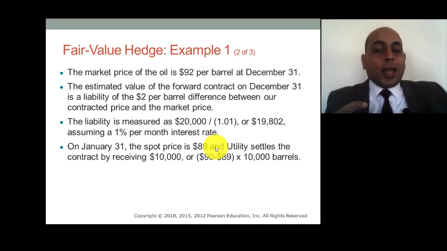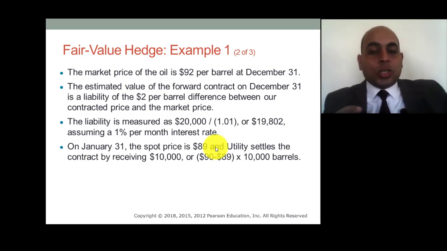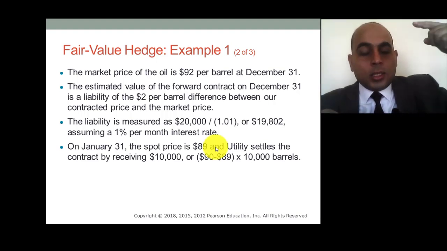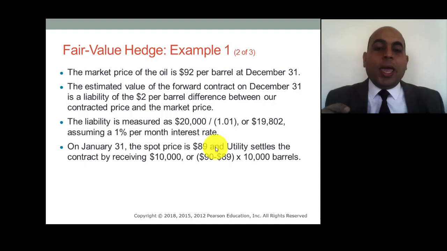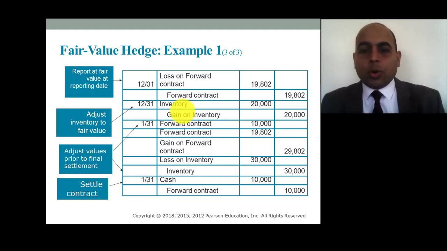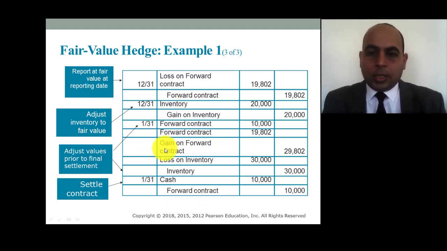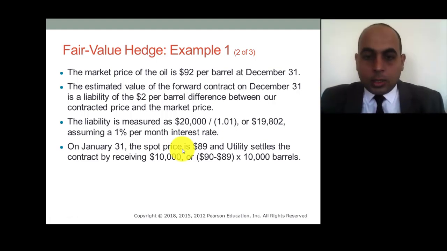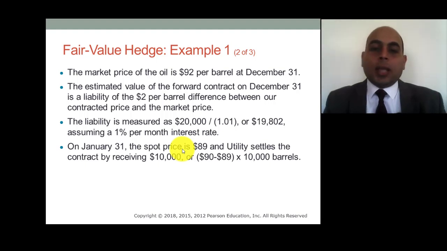This is the last value we adjusted on the date of preparing the financial statement. The price has declined from 92 to 89. So in this case, we have a gain on forward contract. You have to record it as the price declined from 92 to 89.